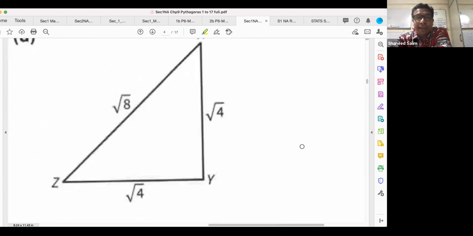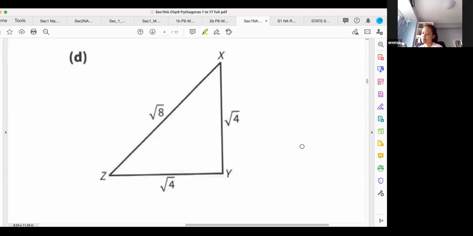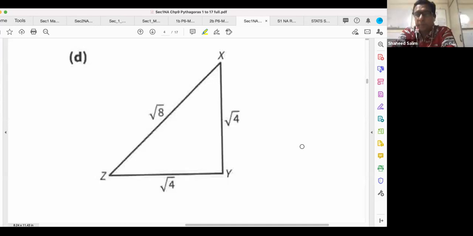This one now is a little bit interesting. Can you try D now? Is this the rule?